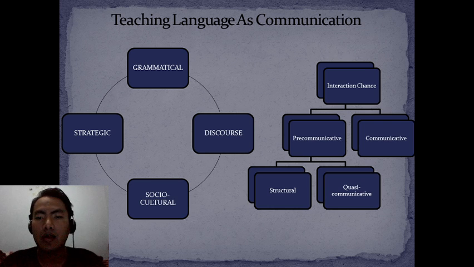Something like that. And then, what activities can EFL teachers do to make the students interact in English? There are two types of activities that EFL teachers can do to make the students interact in English within the classroom: pre-communicative activities and communicative activities.